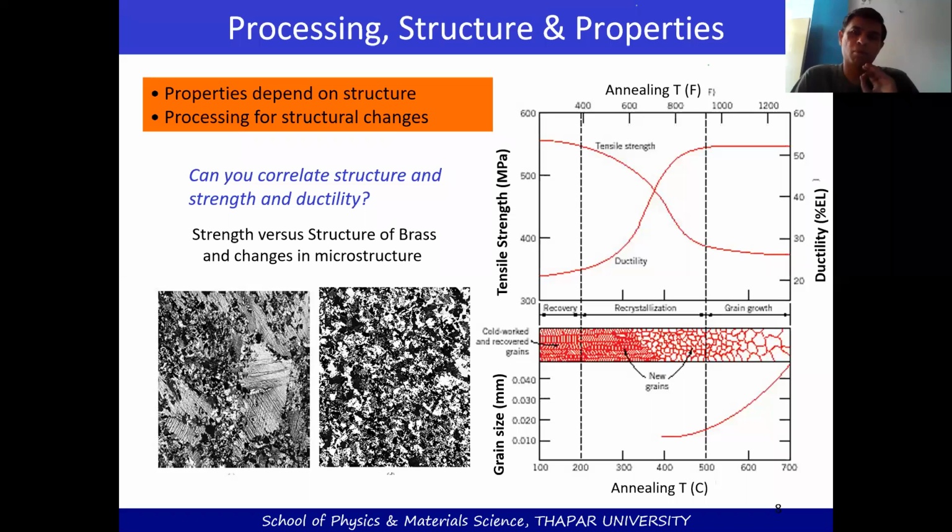So while defining the annealing temperature, which is the processing condition, you are controlling the structure, which is the grain size, and the structure affects your properties, which are tensile strength and ductility. So in this way, you can make the correlation between the processing condition, the structure, and the properties.